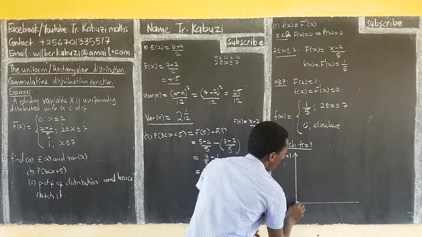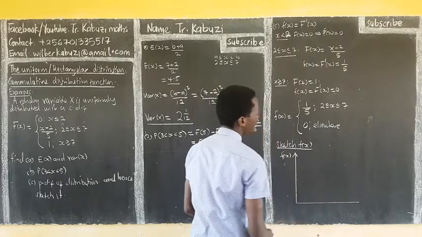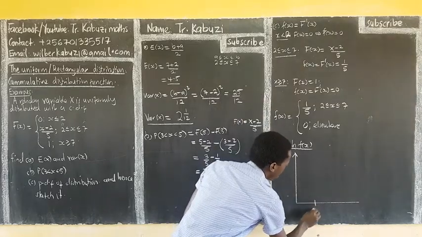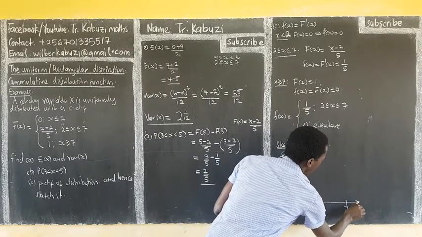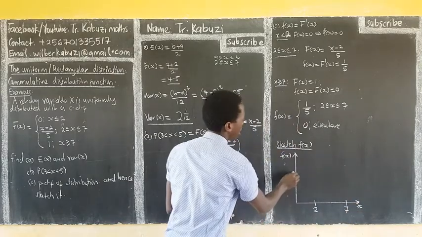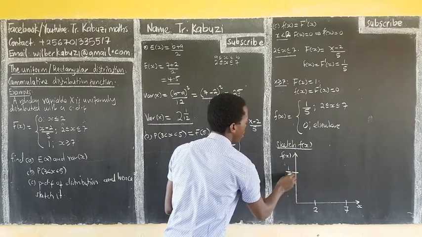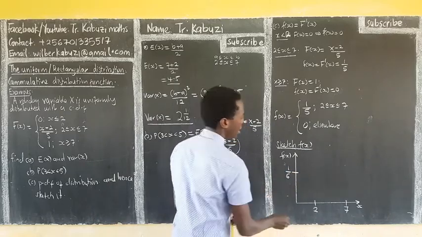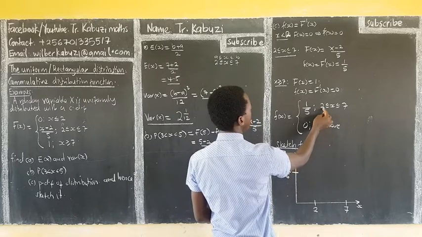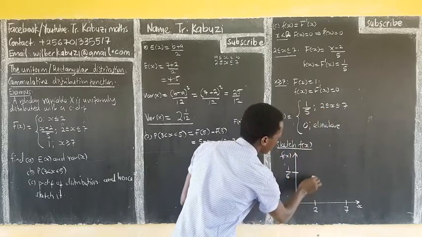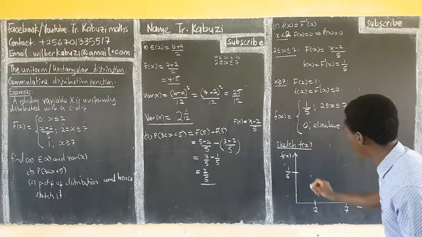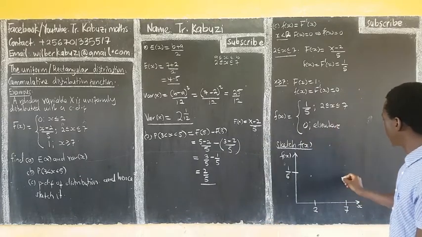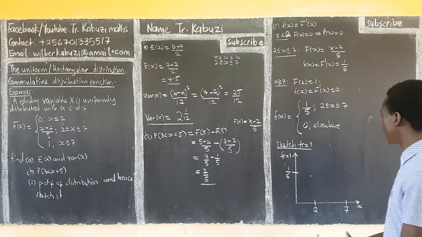So here I have, say, this is 2, then this is going to be my 7. This is my x. So I assume that this is going to be my 1 over 5. So when x is 2, it's 1 over 5. And then when x is 7, it's still 1 over 5, like that.